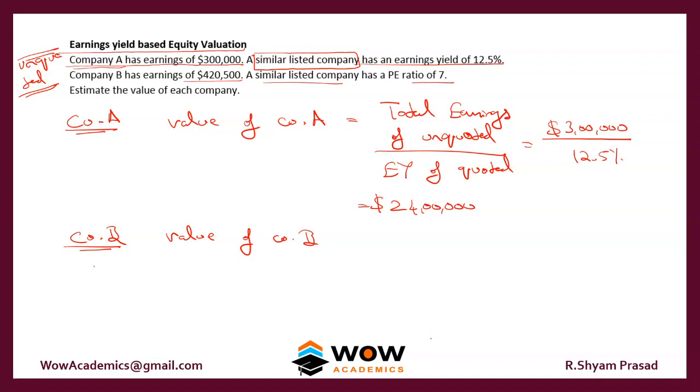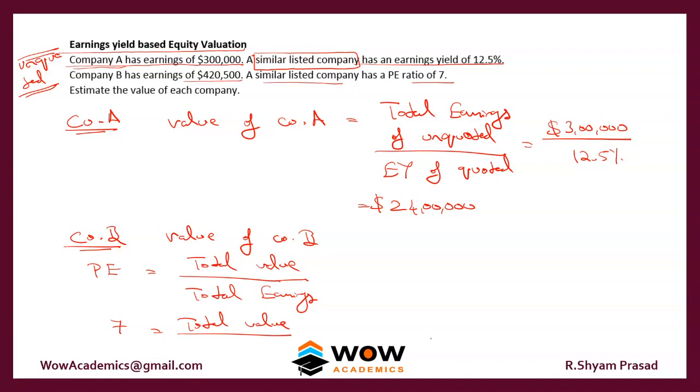So the formula is what? PE equals total value divided by total earnings. So that's the formula. We'll substitute the numbers. PE is 7. Total value is what we have to find.